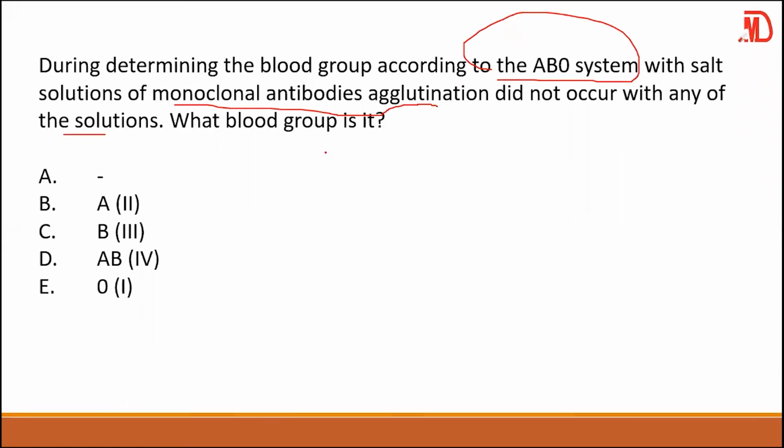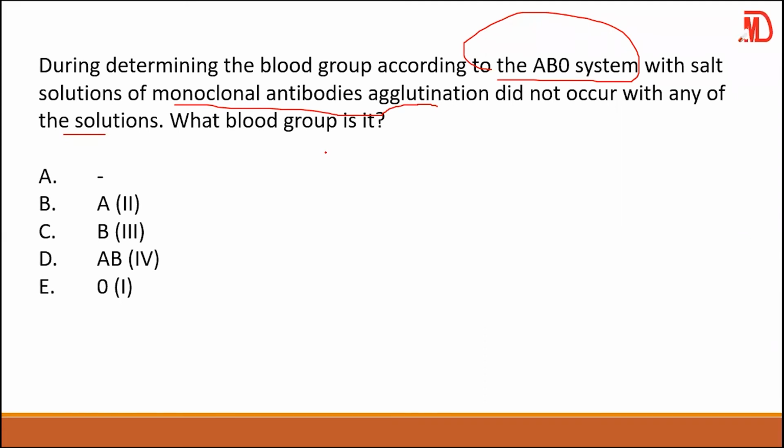They said they are doing a test and they are saying agglutination did not occur in any of the solutions. Now, when we say agglutination, that means the person's antibodies are reacting to the blood that is given. And they are saying that there's no agglutination. That means there's no reaction.